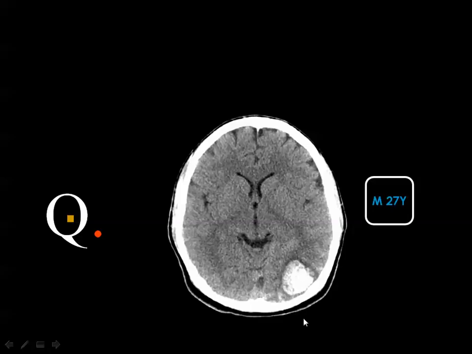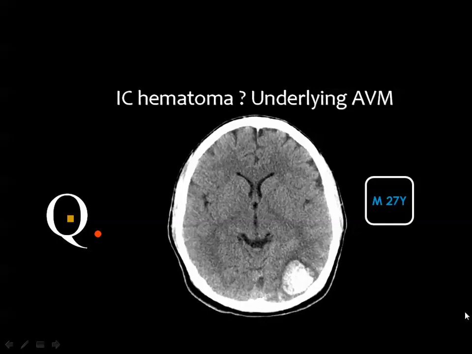And I have said, if you see blood at an abnormal age or abnormal site, then you suspect an underlying pathology, which is one of two: adenoma or arteriovenous malformation. And this is an intracranial hematoma because of the young age and the abnormal location. This is not a typical location for hemorrhage, hypertensive hemorrhage I mean. Then you suspect an underlying arteriovenous malformation.